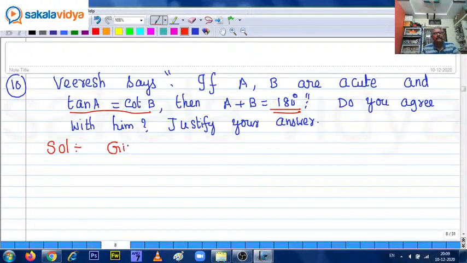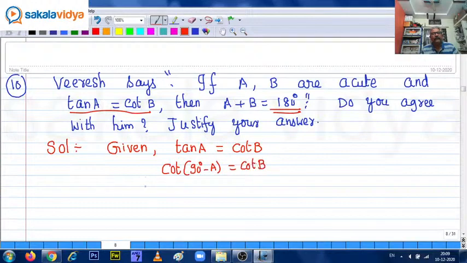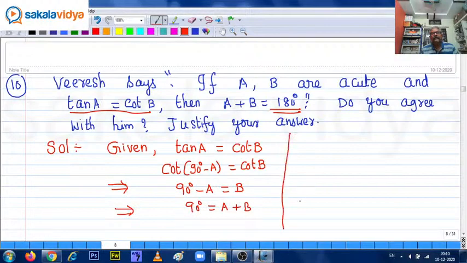Now the solution. Given tan A equals cot B. Now this tan A we can write as cot of 90 degrees minus A, so cot B. Now 90 degrees minus A equals B, so 90 degrees equals A plus B. Therefore A plus B is equal to 90 degrees.